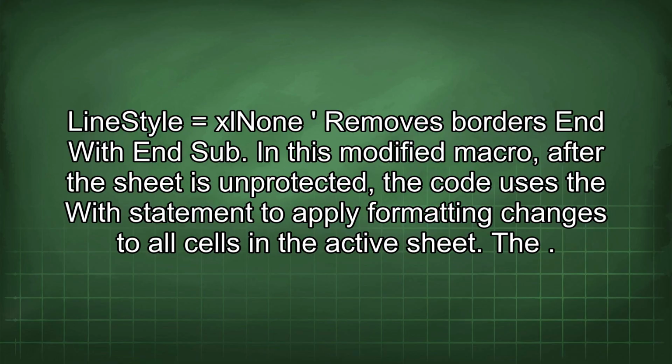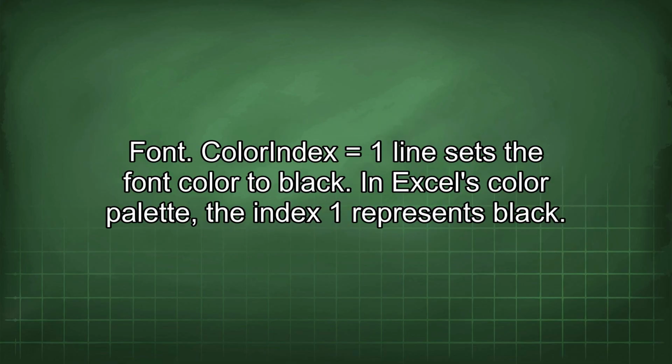In this modified macro, after the sheet is unprotected, the code uses the With statement to apply formatting changes to all cells in the active sheet. The Font.ColorIndex = 1 line sets the font color to black. In Excel's color palette, the index 1 represents black.